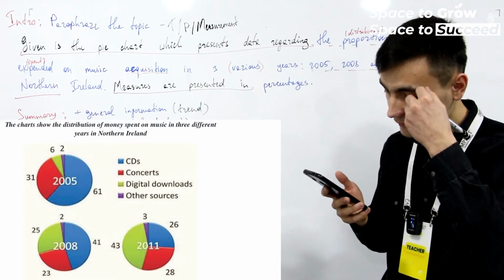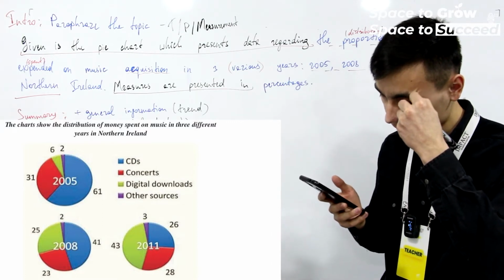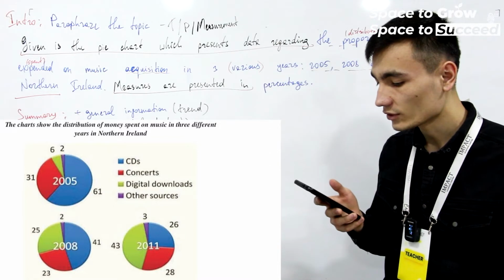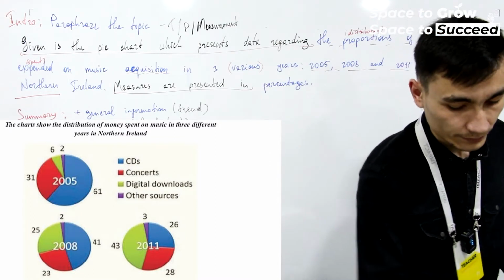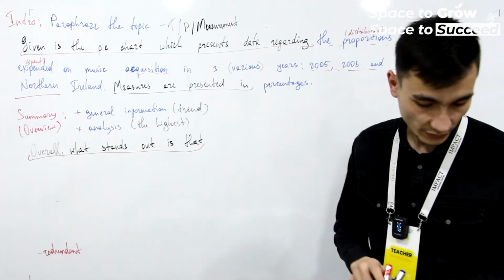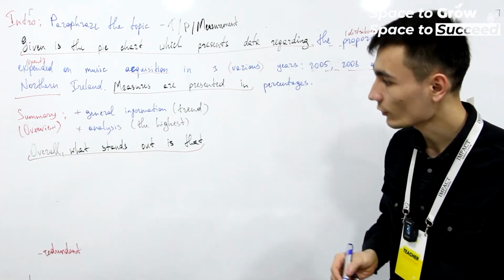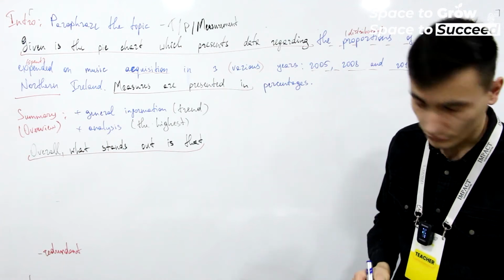So we say CDs and concerts experienced a decline in their shares, while digital downloads and other sources saw a rise. It's just simple. Let's try this. I hope we will have enough space for this. So, CDs and concerts.